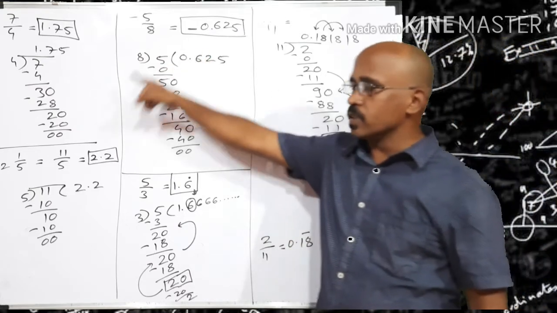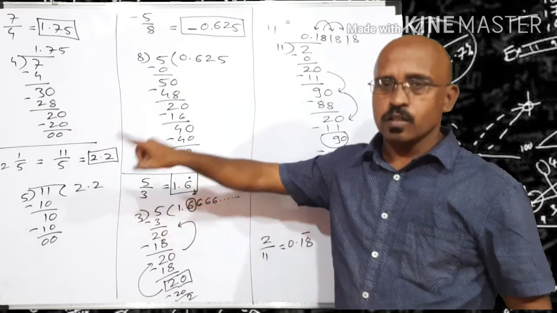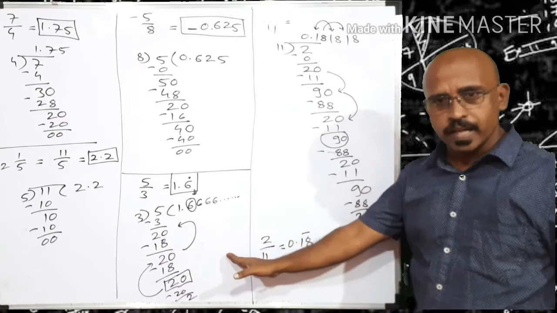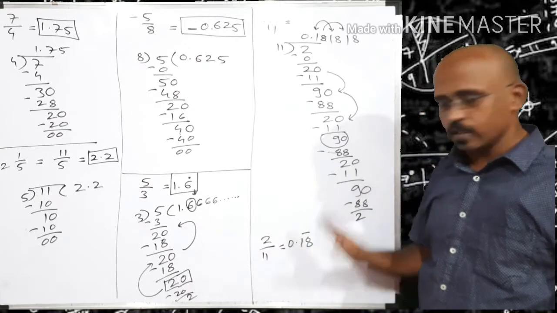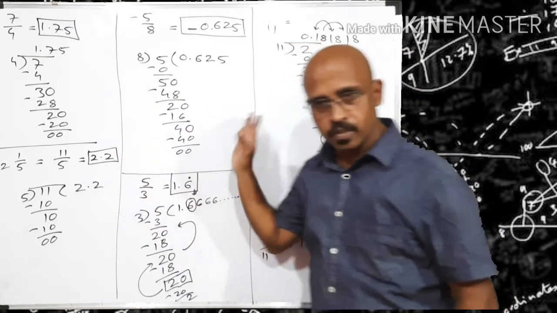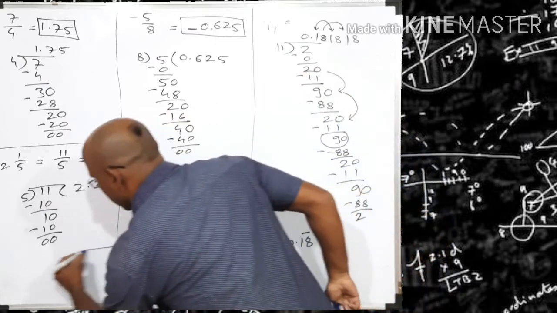In terminating nothing is recurring, so we can say it as terminating non-recurring, and the next one is non-terminating but recurring. The first one is terminating, where the division is finishing and nothing is reoccurring. So this one is terminating non-recurring.